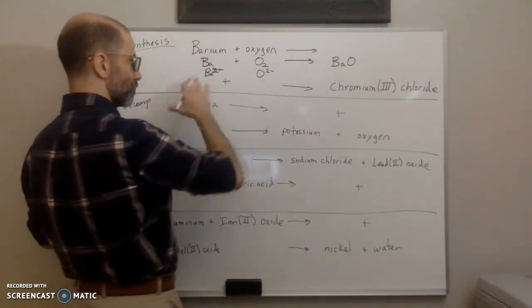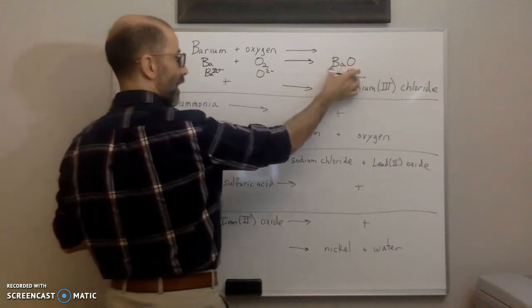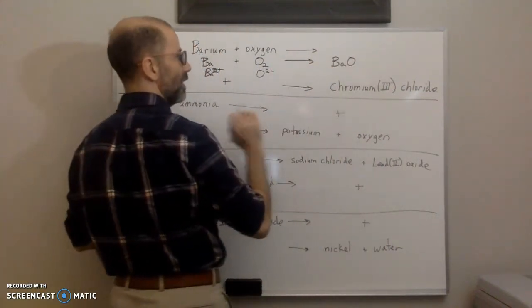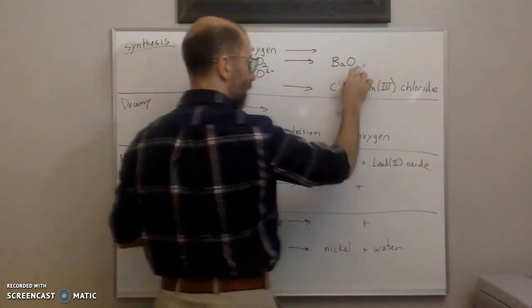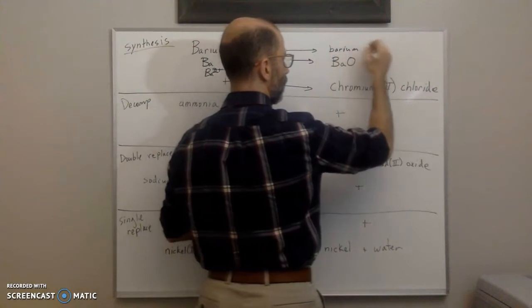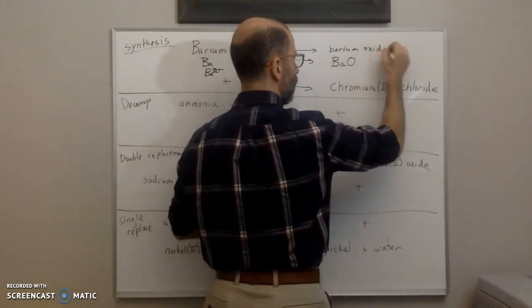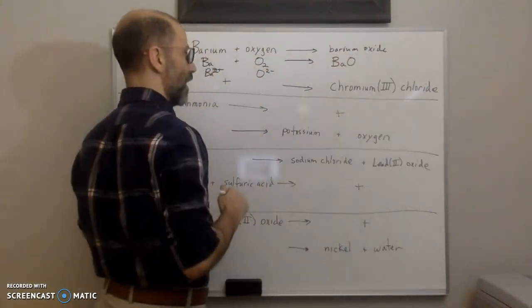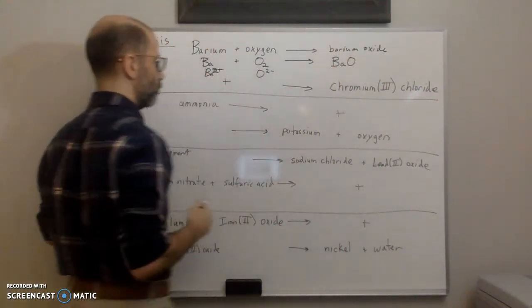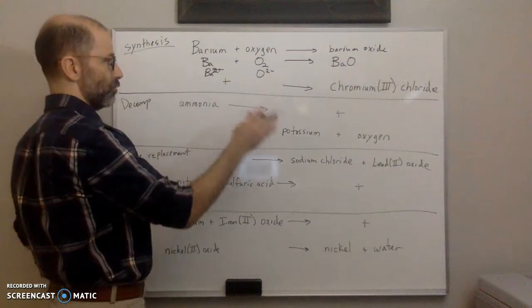So now you go from the ionic compound to the name. Barium oxide would be the name. There's no Roman numeral because this is not a transition metal. It's not a metal that has multiple charges. Okay, so that's the first one.